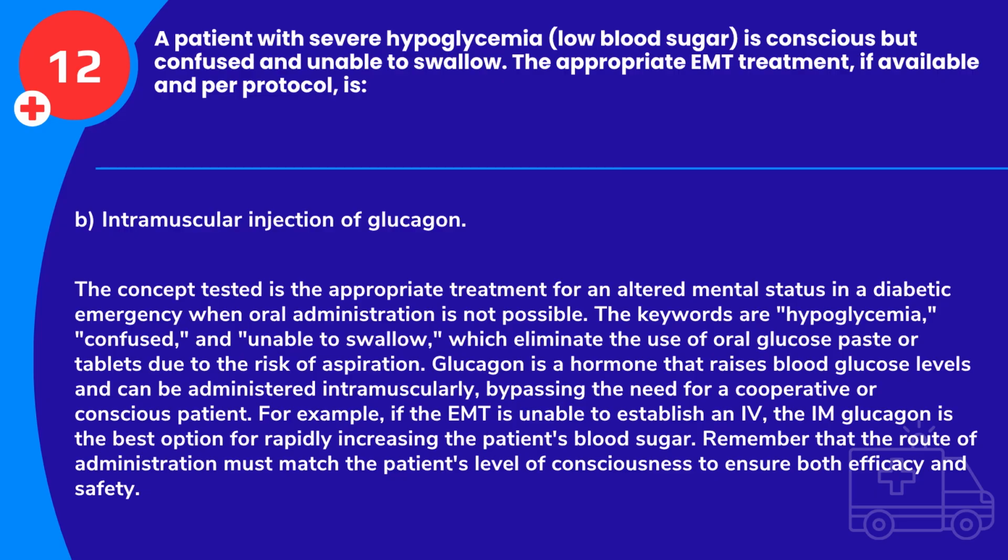Glucagon is a hormone that raises blood glucose levels and can be administered intramuscularly, bypassing the need for a cooperative or conscious patient. For example, if the EMT is unable to establish IV access, the IM glucagon is the best option for rapidly increasing the patient's blood sugar. Remember that the route of administration must match the patient's level of consciousness to ensure both efficacy and safety.